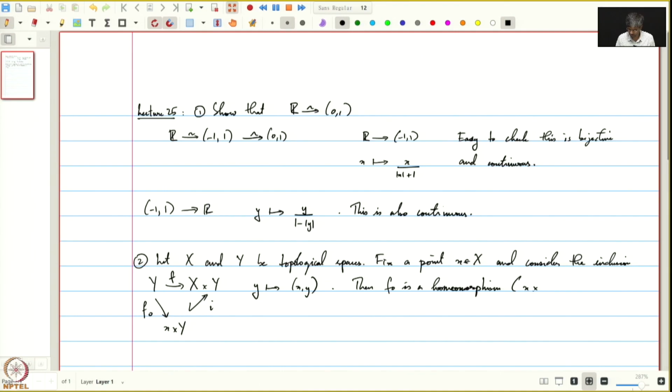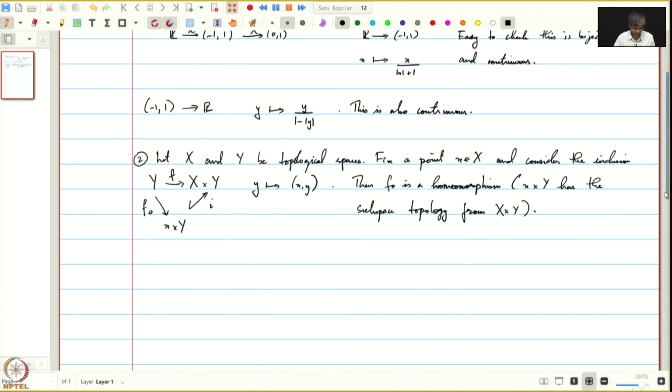Here f naught is a map onto x cross Y, which has the subspace topology from X cross Y. So let's quickly check this. So f is continuous as both the projections are continuous.